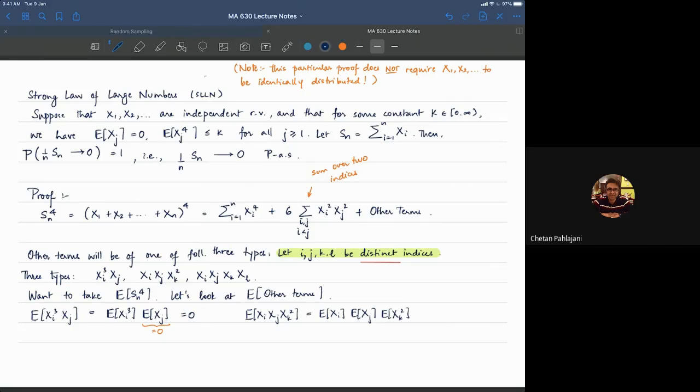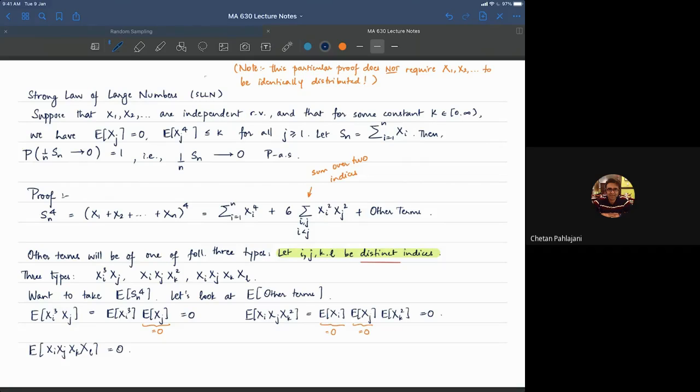And once again, this is going to be 0. So this term is also going to be 0. Similarly, E of x_i x_j x_k x_l, I don't have the patience to write it out. This is going to be 0. Again, you're going to use independence.